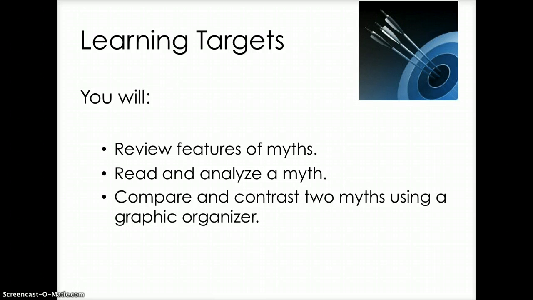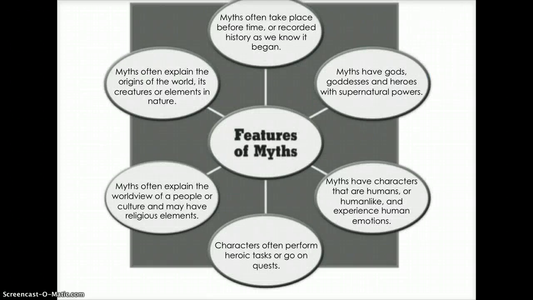So our next slide, we're going to review the features of myths, okay? Features of myths, you can tell that's where we are because it says so right here. Myths often take place before time or recorded history as we know it began.